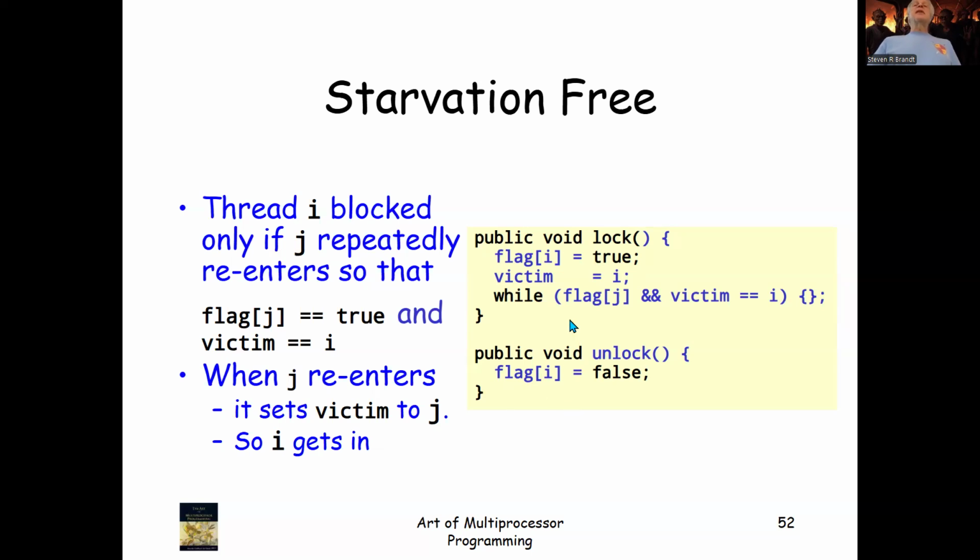Let's say that at the same time, thread 1 goes on vacation. It just stops doing anything for a while. Now thread 0 comes back to reacquire the lock. What does it do? It sets its flag to true and it sets the victim to 0. So now the next thread that's going to do anything is thread 1, because it's the only one that's not the victim. And this step where I set the victim means that the threads are going to trade. I can't just keep acquiring the lock while the other one is waiting, because of the victim. Make sense?